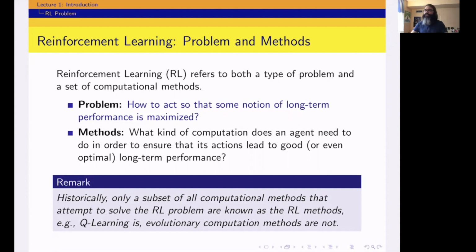As a problem, reinforcement learning is about how we want to act in order to maximize some notion of long-term performance. And what I described a few slides ago was describing the reinforcement learning problem. But then we have methods of solving reinforcement learning problems, where we try to address what kind of computation an agent needs to do in order to ensure that its actions lead to a good or optimal long-term performance.